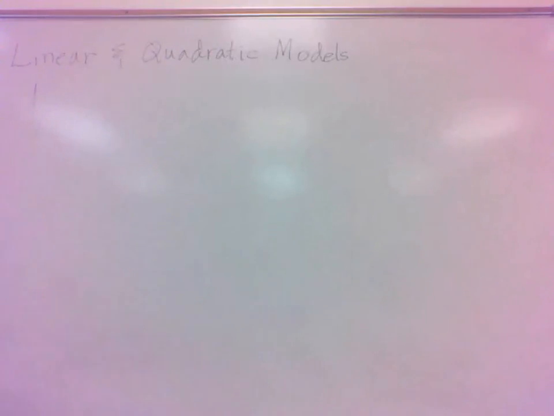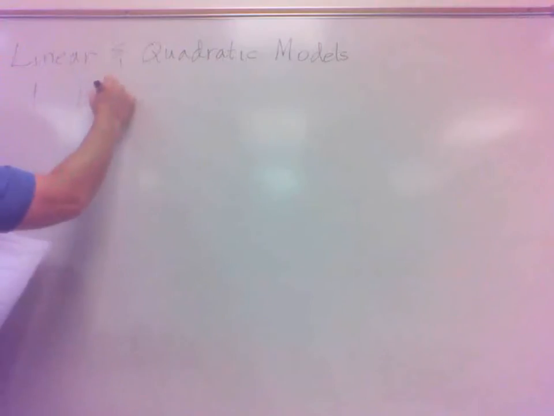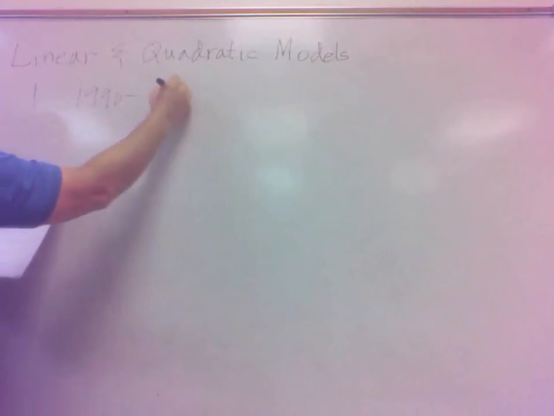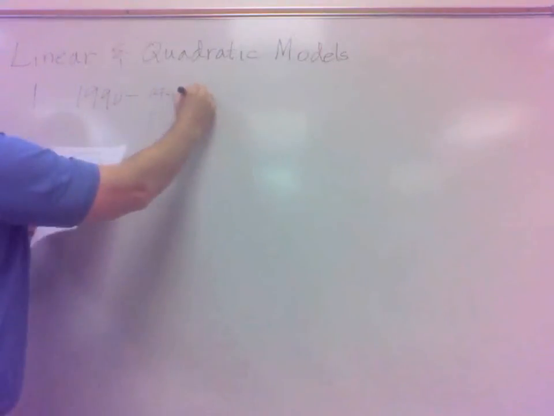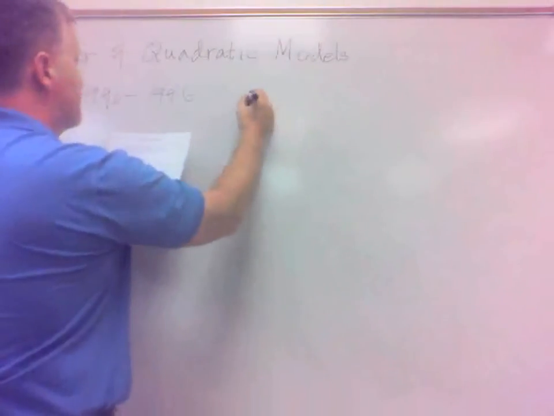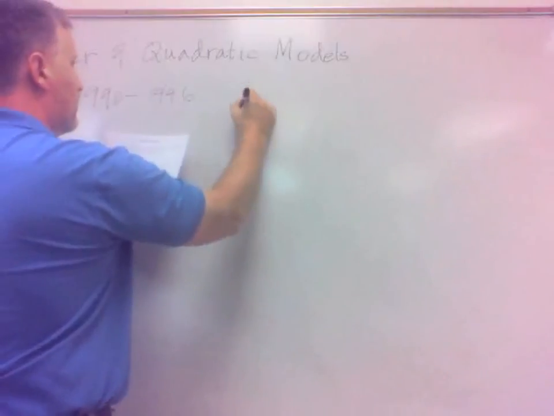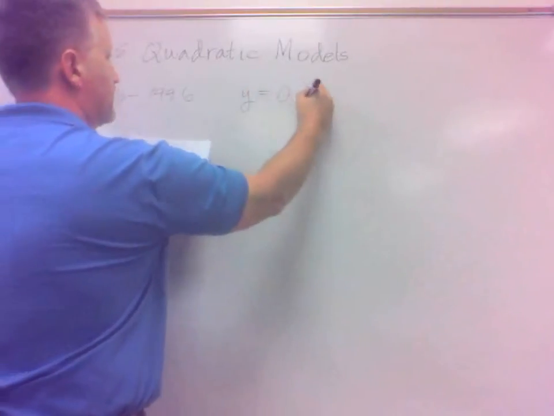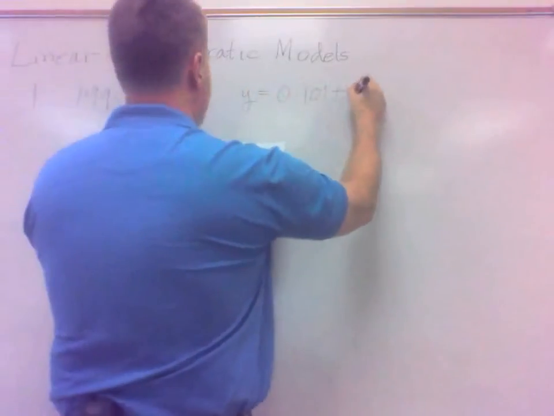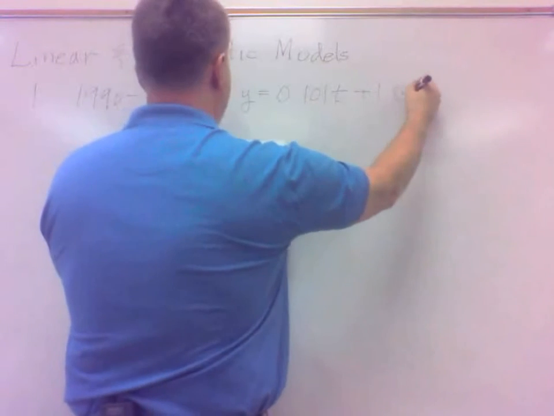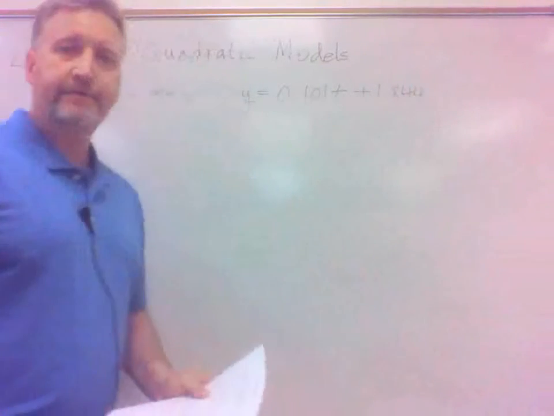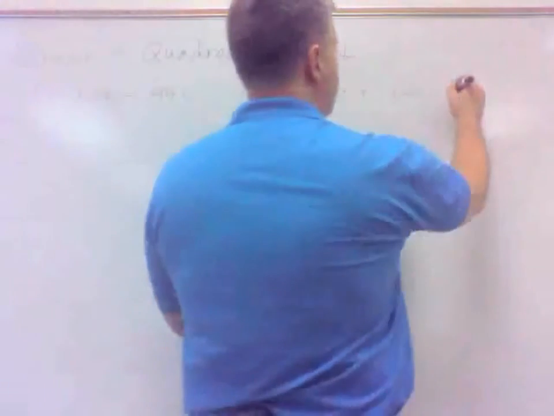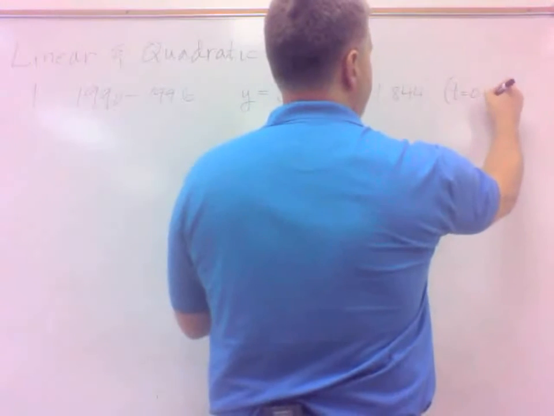Let's talk about number 1 first of all. Here it says the number of female participants in high school athletics in millions from 1990 to 1996 can be modeled by the linear equation y equals 0.101t plus 1.844, where t equals 0 is 1990.